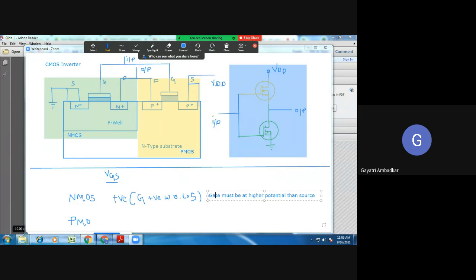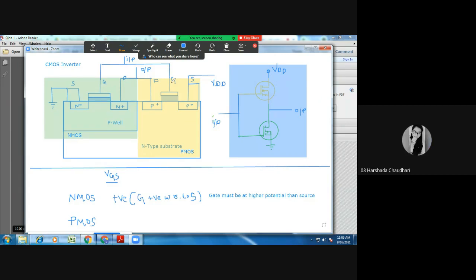Now, when I talk about PMOS, tell me the condition. It is just the opposite of this. If I want to make PMOS on, what voltage shall I apply to the gate? Because in PMOS this is an N-type substrate, so the minority carriers are holes. The gate has to attract the holes. So what shall be the voltage applied on the gate?